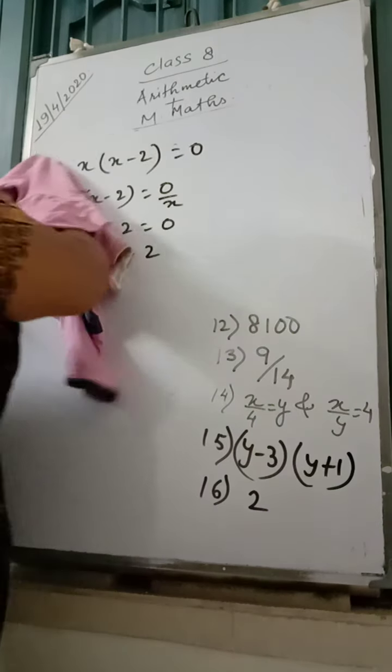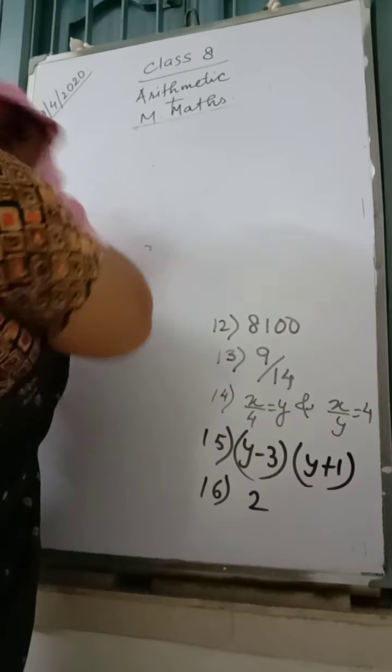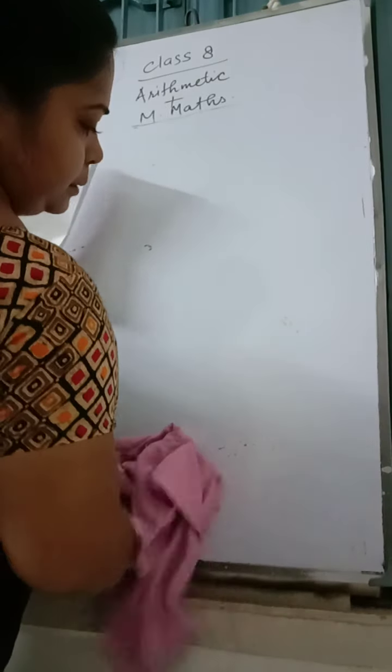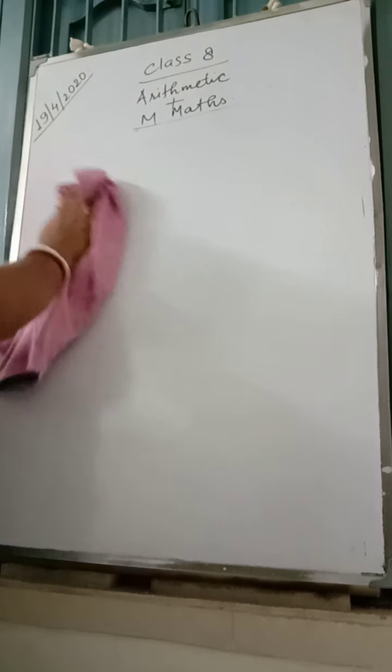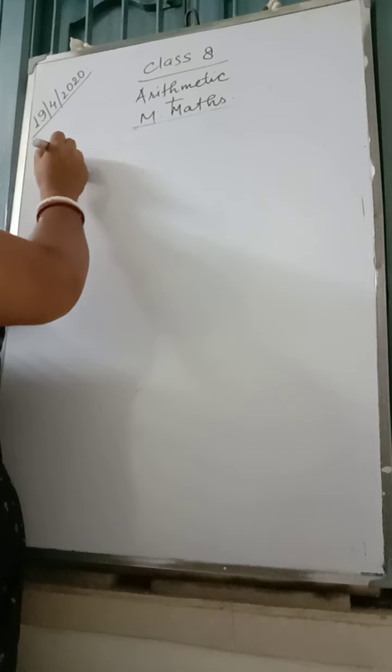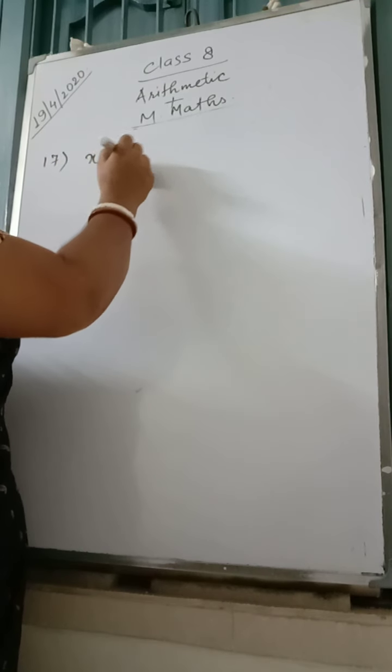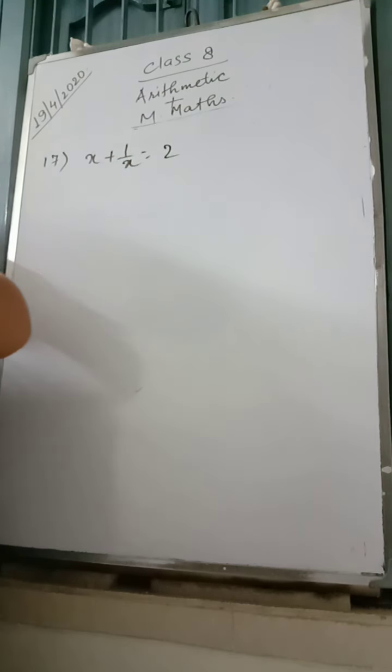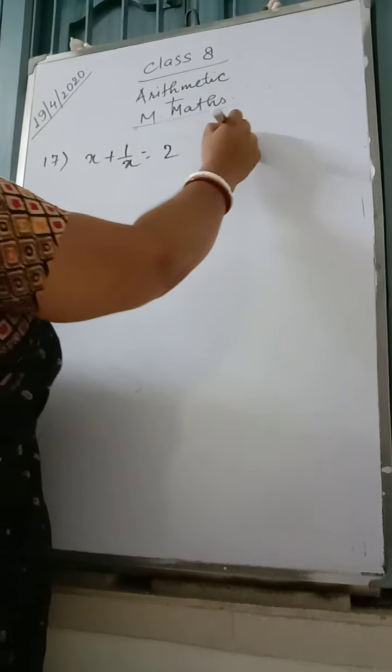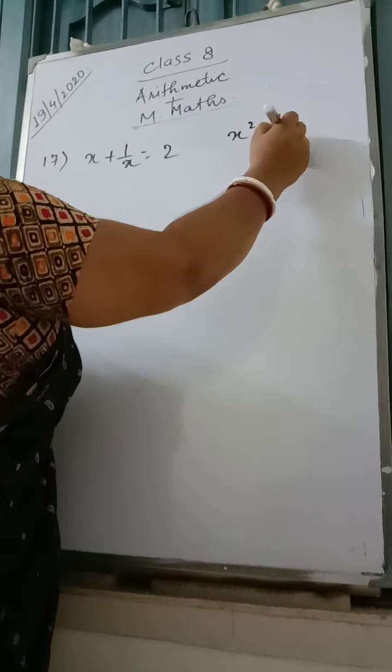Number 17. It is given x plus 1 by x is equal to 2. Now you have to find x square plus 1 by x square.